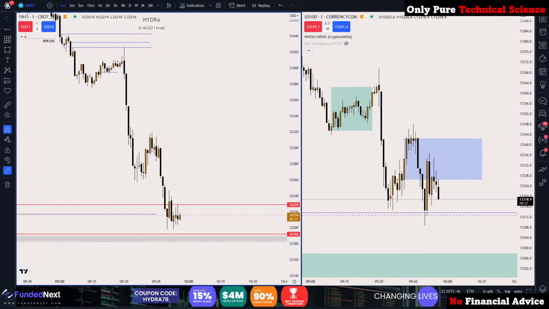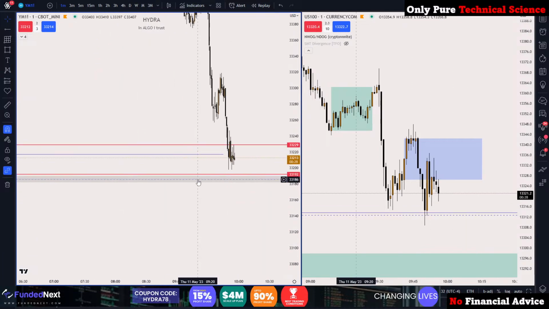David is saying Dow looks like it will go for May 4th low at 12 p.m. 1 hour if bearish price action continues. May 4th low, yeah, it can possibly do that.